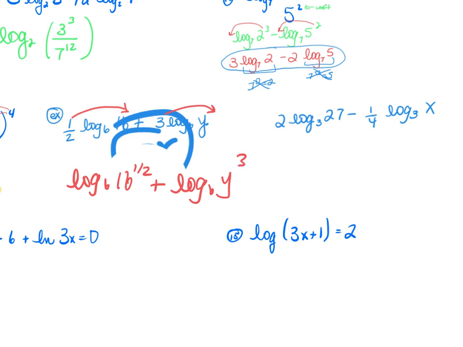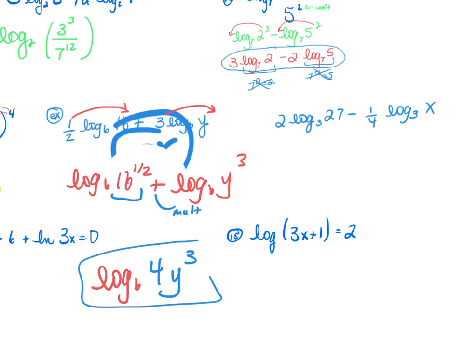Right? I can rewrite this as 1 log. I'm going to rewrite it as log base 6. How can I simplify or rewrite 16 to the 1/2? 4. Yes, it's 4 because 1/2 is square root. So this 16 to the 1/2 actually becomes the number 4, and then I would times it by y to the 3rd because this becomes multiplication.